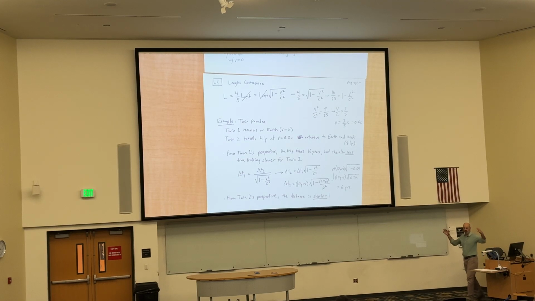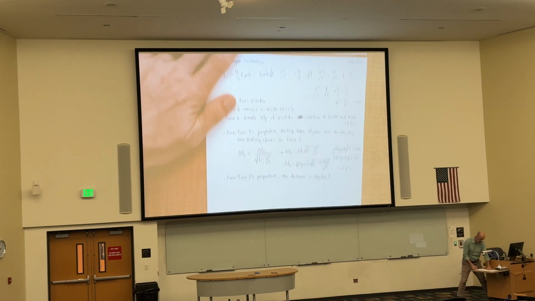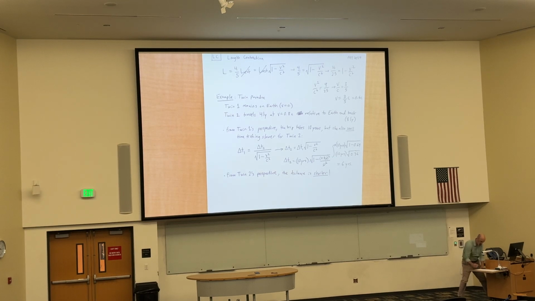But this 8 light years that twin 1 measures, that's the length at rest in twin 1's reference frame. Well, in the reference frame of twin 2, she's traveling relative to that length, along that length. And so that length appears shorter because it's relativity, right? She's traveling relative to Earth, but she could also think of that as Earth flying past her spaceship at 8/10 of the speed of light, and so it appears shorter.